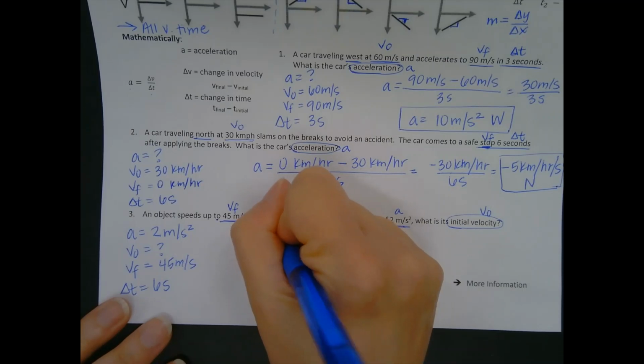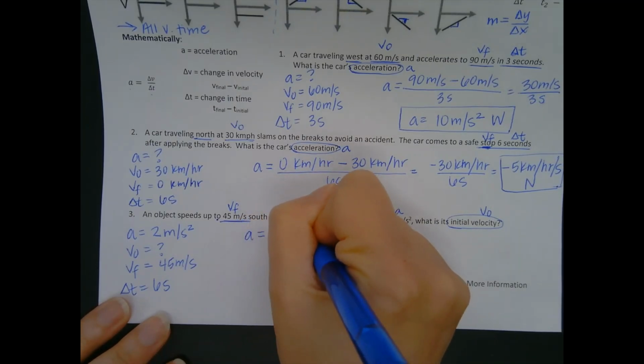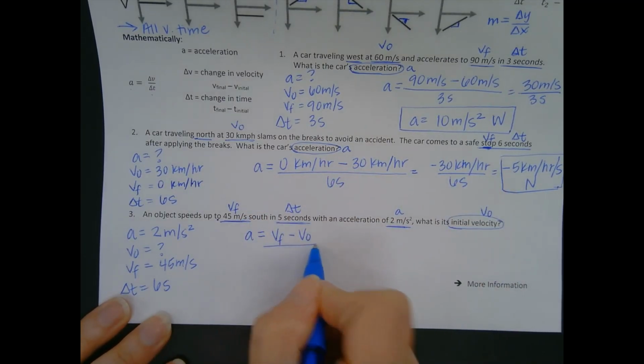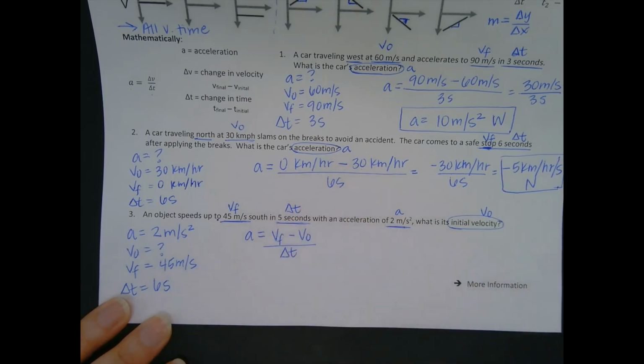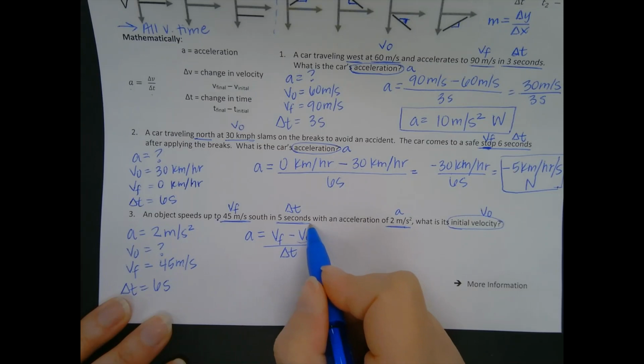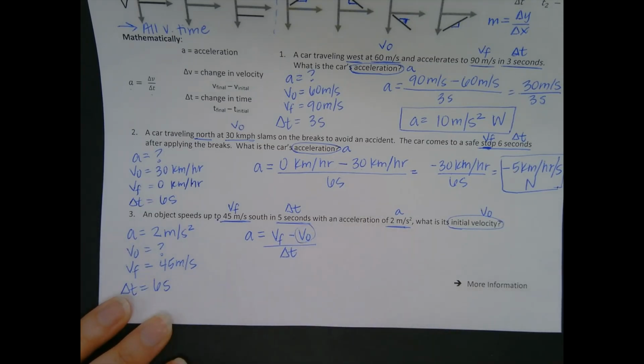So I'm going to say it's my final velocity minus my initial divided by delta t, or your time. So I'm going to try to get V0 or initial velocity by itself before I plug in. Okay, you can plug it in and then solve, it's up to you. But I'm just going to walk you through rearranging it.